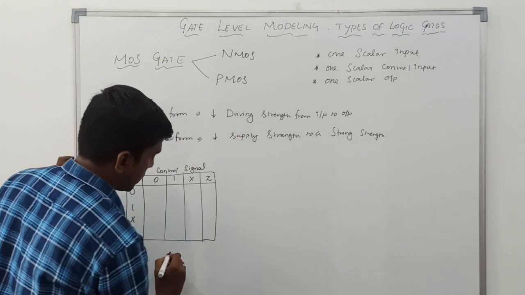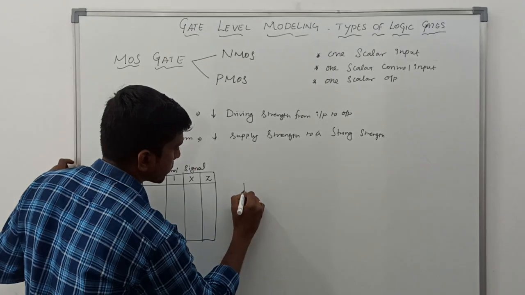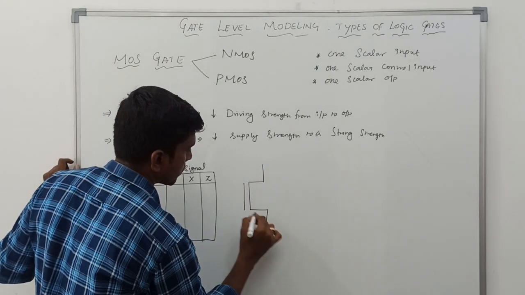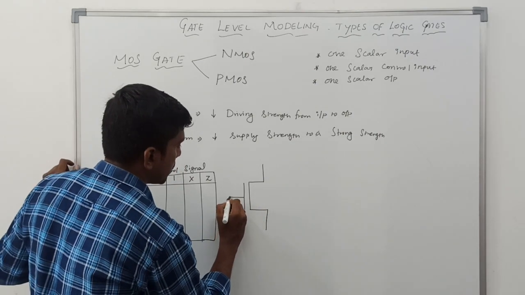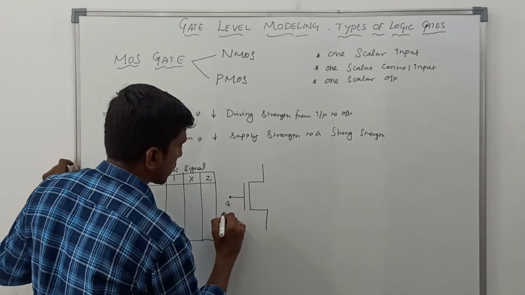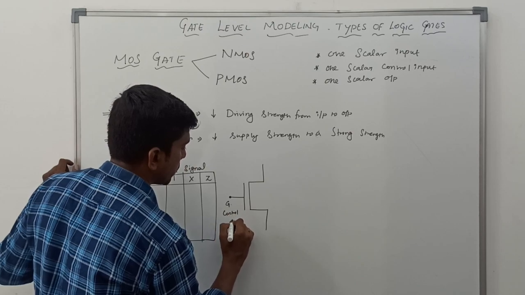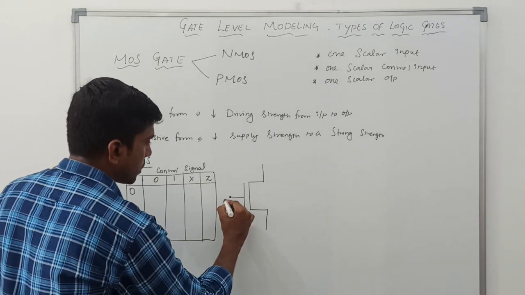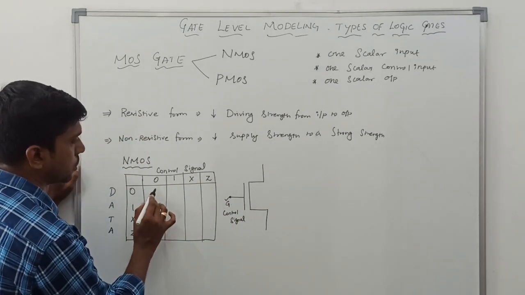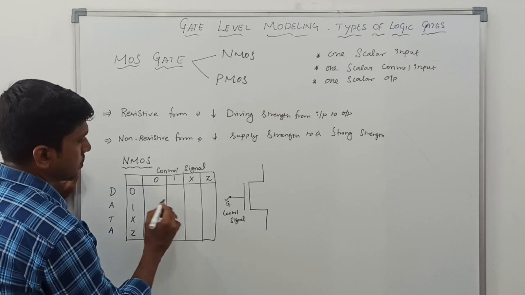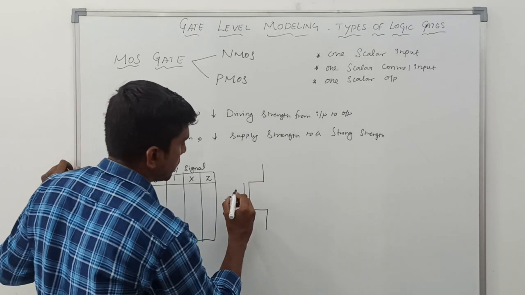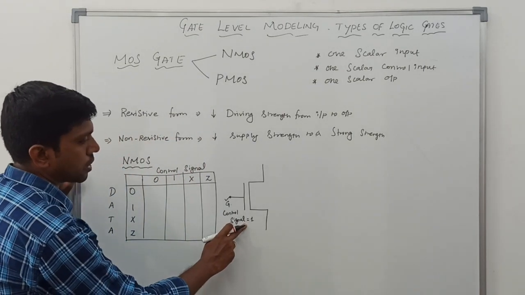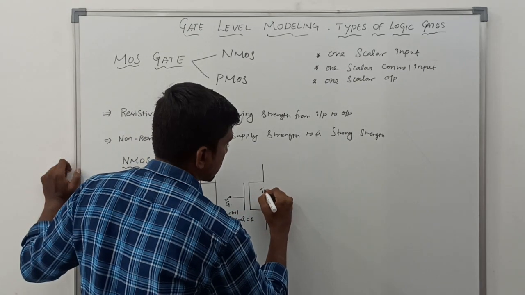This is the NMOS symbol. This one is the gate or control signal. Based on this signal, the input value is connected to the output side. Here the NMOS operates when the control signal value equals 1. When the control signal is 1, the NMOS is turned on.